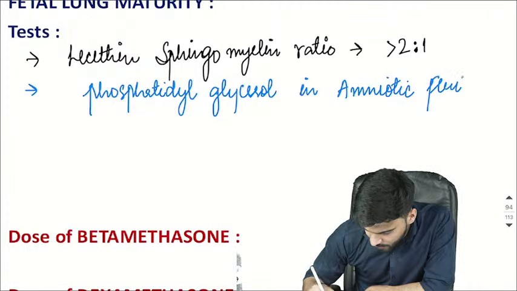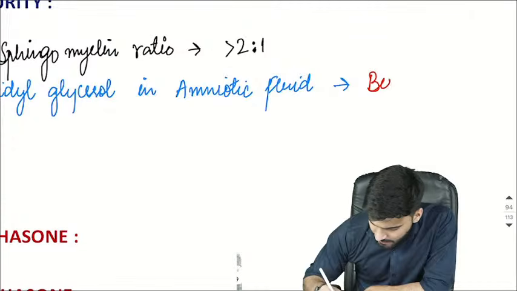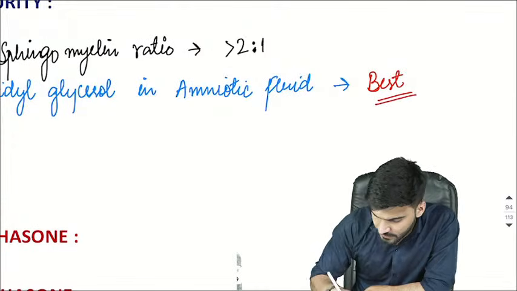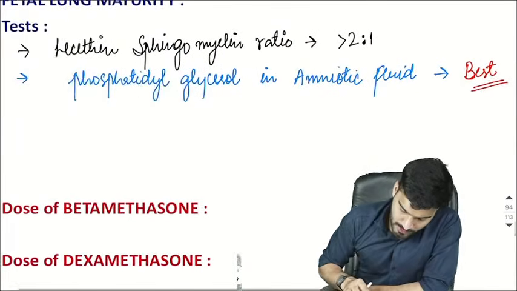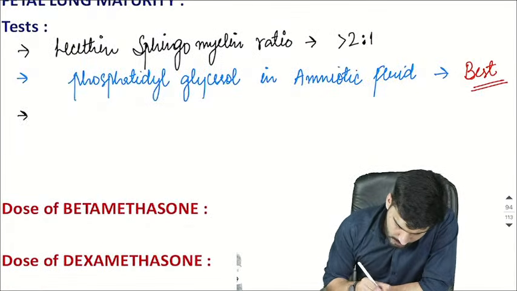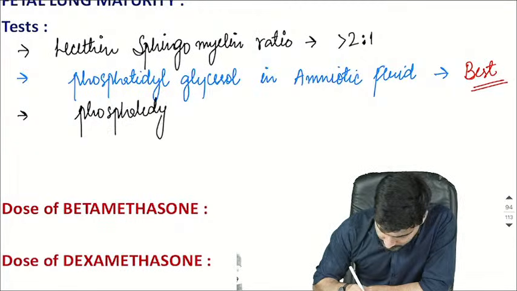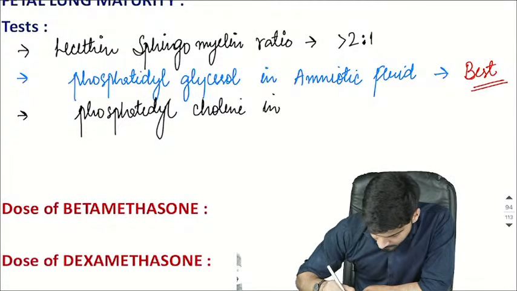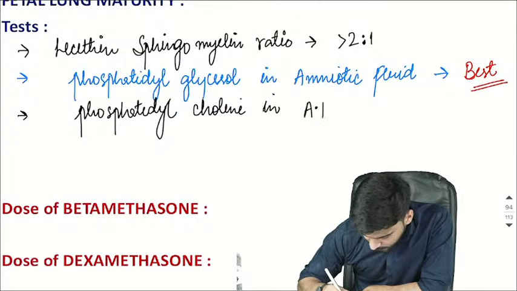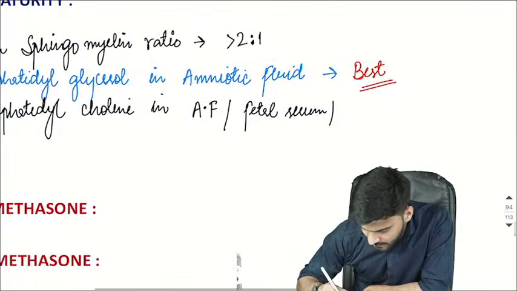And this is going to be one of the best, suggesting that there is 100% confirmatory fetal lung maturity. Followed by that, we can also check for phosphatidylcholine in amniotic fluid, fetal serum, or maternal serum.